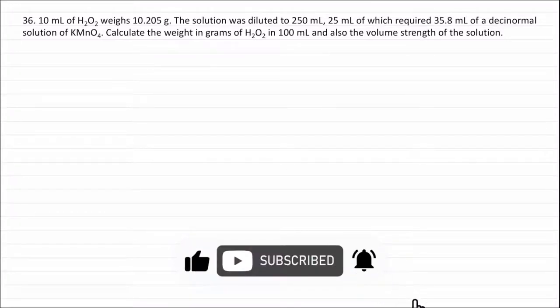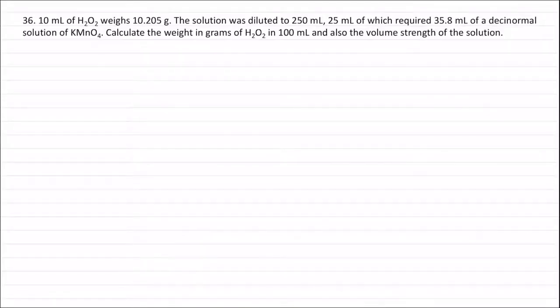Question 36. 10 milliliter of H2O2 weighs 10.205 gram. The solution was diluted to 250 milliliter, 25 milliliter of which required 35.8 milliliter of a decinormal solution of KMnO4.